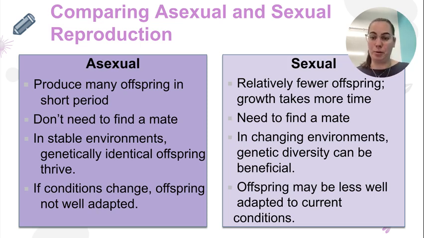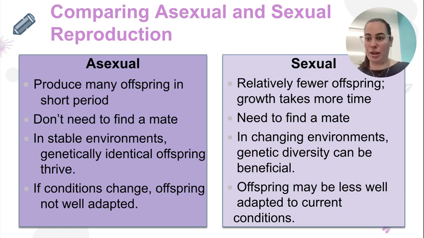When finding a suitable mate might be difficult or impossible, it could be helpful to only need one parent to reproduce. When the environmental conditions are changing, new combinations of traits may actually promote survival. So it's useful to have offspring that are not identical to the parent.